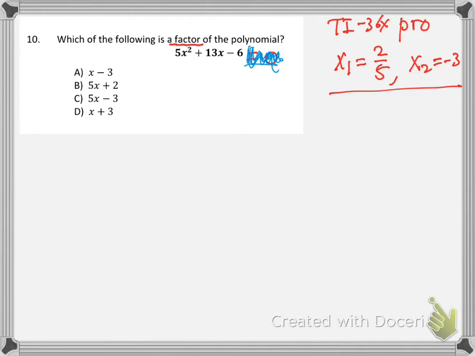So you can also use the AC method. Last time I talked about the AC method, but the AC method for this question is also very hard. Okay, so if you know the quadratic formula, or if you have this fancy calculator, you can get these two solutions for the equation. So first we assume we are solving a quadratic equation.